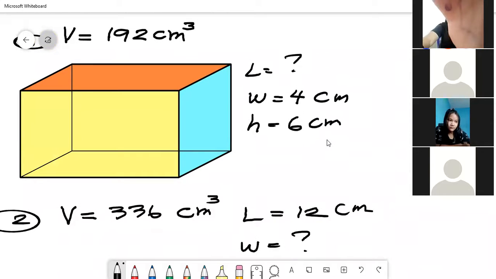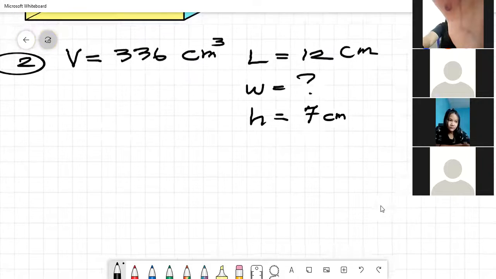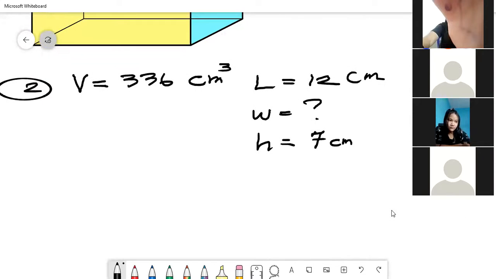Again, you need to draw it again for number 1, number 2, and number 3. Number 3 is the last question. You draw again for number 3.